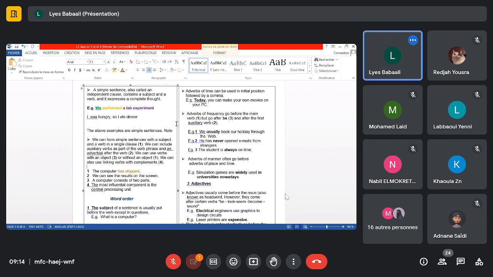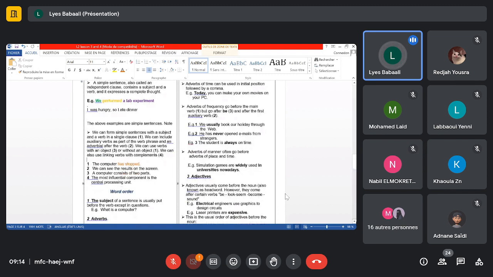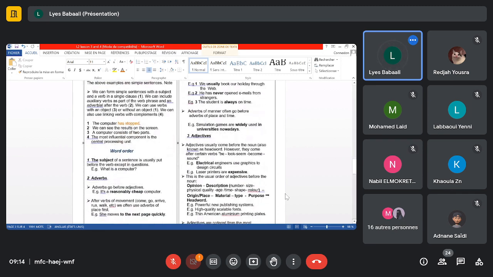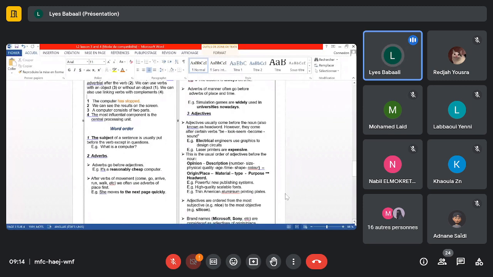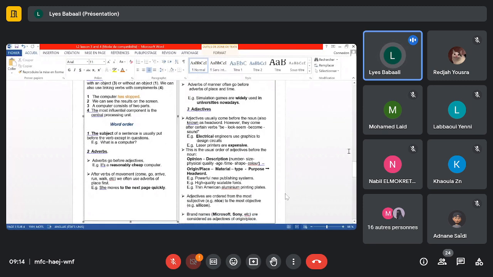Okay. With that being said, let's see what word order is. In English, usually we have some kind of regulations or suggestions for forming the order of words in phrases. Here it says that the subject of a sentence is usually put before the verb, except in questions.